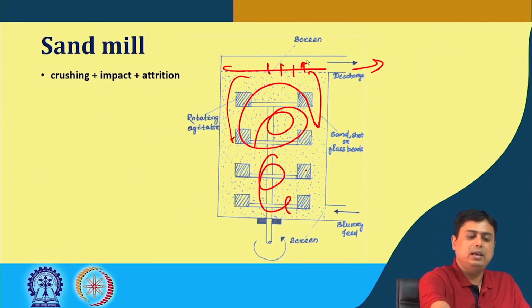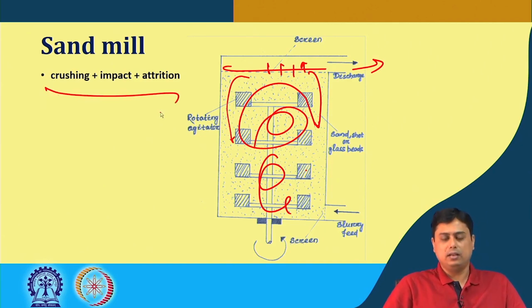So, here we see that there are all the mechanisms or the stress mechanisms that we have known, that is the crushing, impact, attrition, everything is involved in one equipment or one such operation.